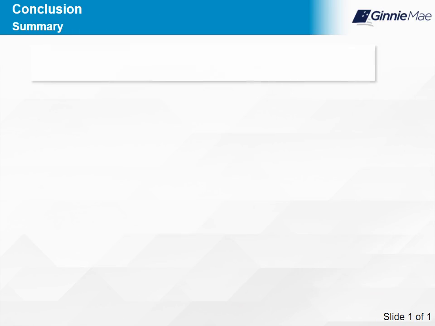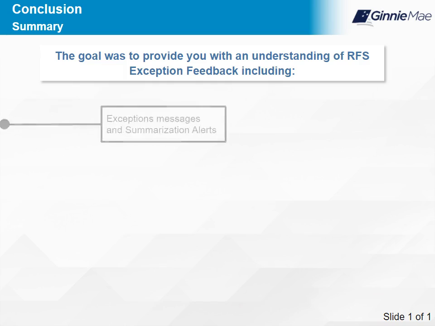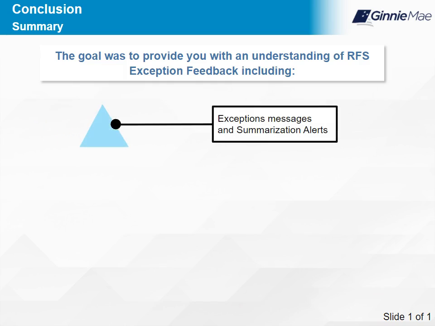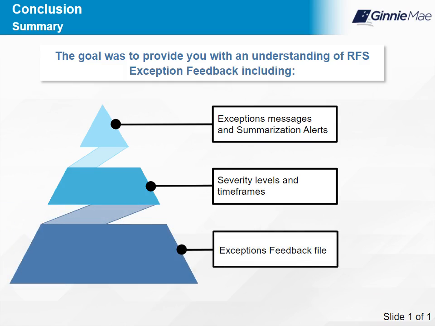The goal of this training module was to provide you with a fundamental understanding of the Reporting and Feedback System, RFS, exception feedback. This included the common exceptions messages and summarization alerts. It also covered severity levels and timeframes for clearing alerts and edits. And finally, it included the steps to retrieve and download the exceptions feedback file.